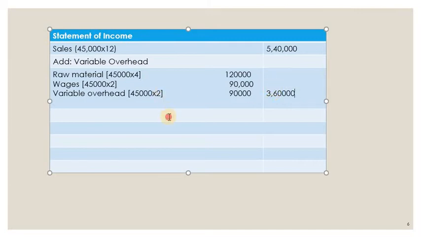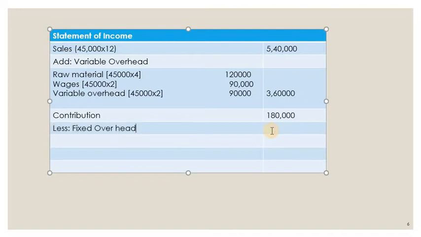Okay, so what we get after deducting variable cost is your contribution. So how much is the contribution? 1,80,000. Okay, then if you minus fixed cost, less fixed overhead, you will get the operating profit.